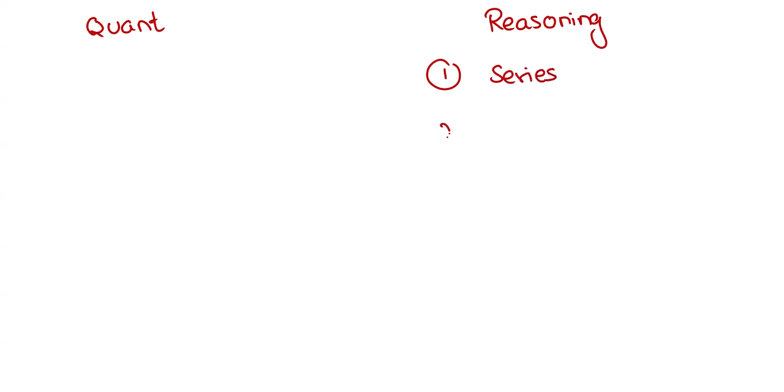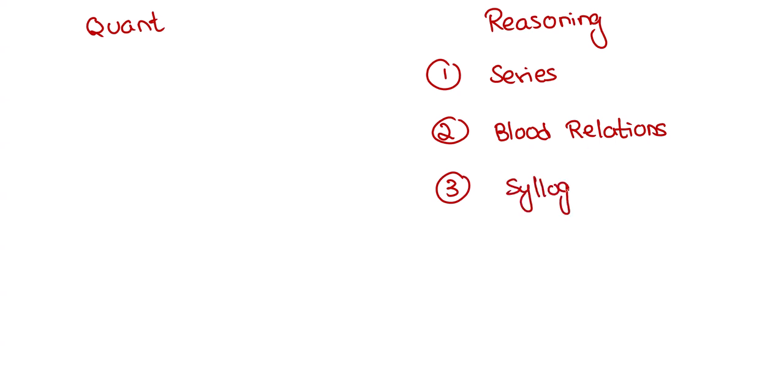Generally it's quant and reasoning. As usual in reasoning, we can find questions from series. We can find more questions from blood relation, a couple of questions from the syllogism concept, and seating arrangements.